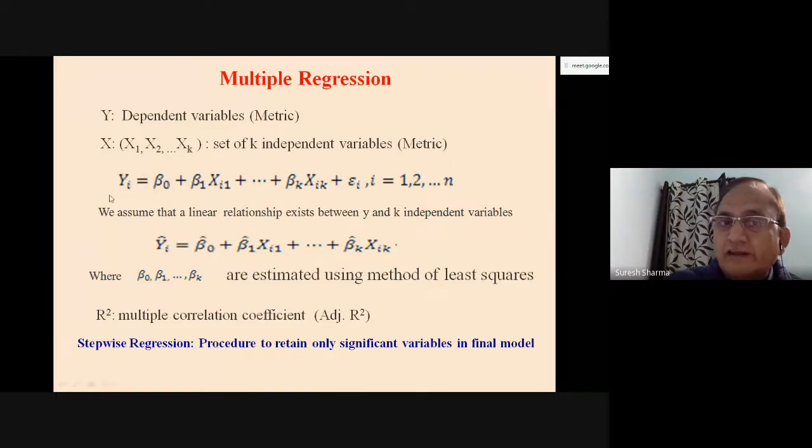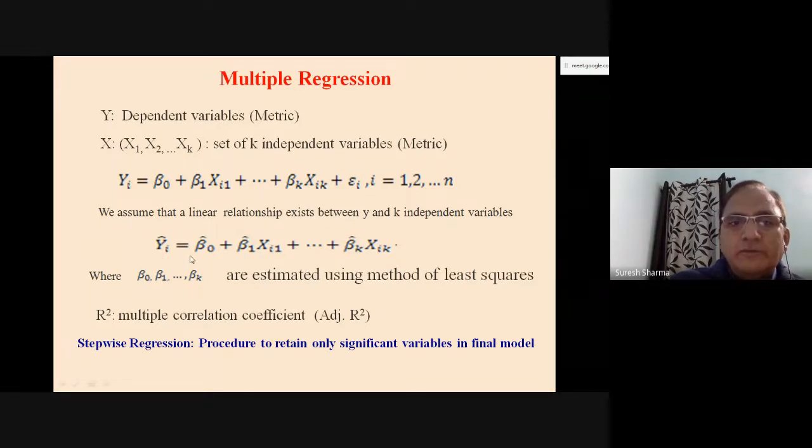Even if y, the dependent variable, is categorical, in 1 or 0 form, you cannot apply multiple regression. Then there are other types of regression, like logistic regression, logit regression, probability regression, which we have to deal with. So the biggest condition here is that y and x1, x2, xk all have to be metric variables. Remember this.